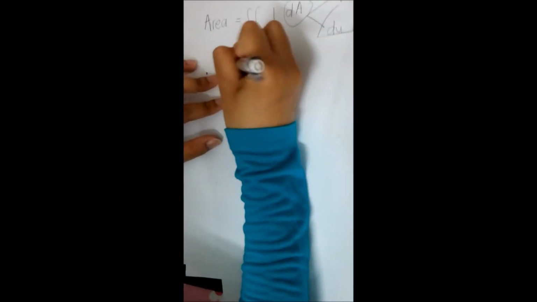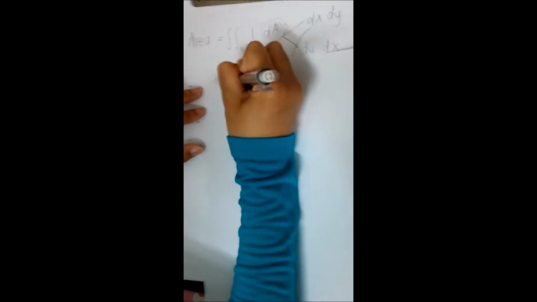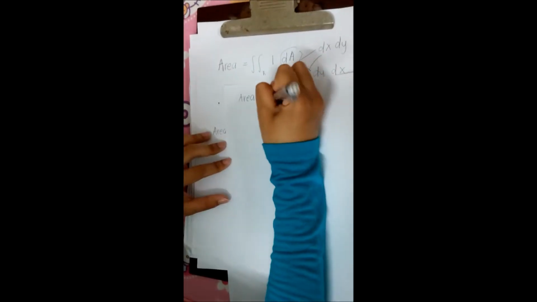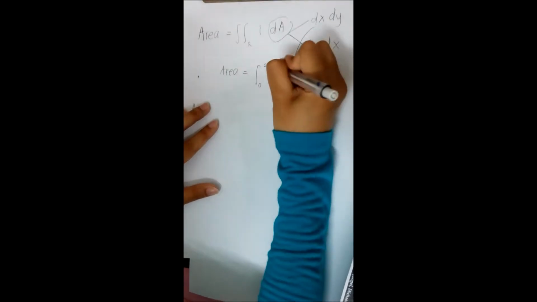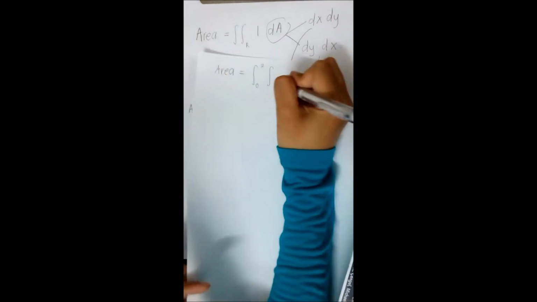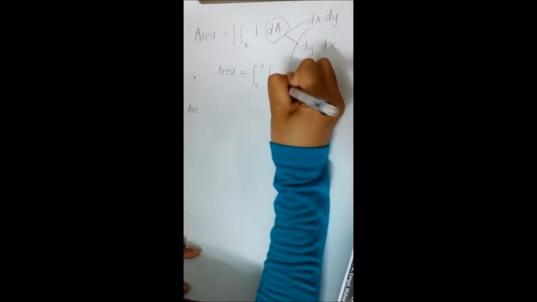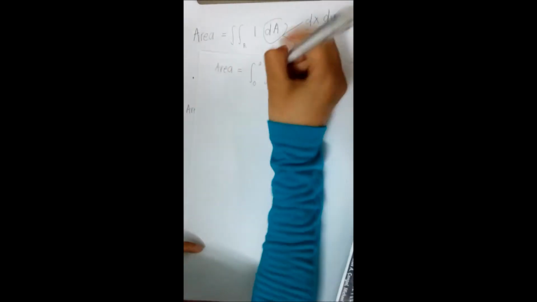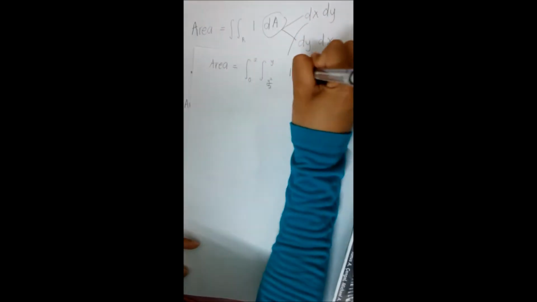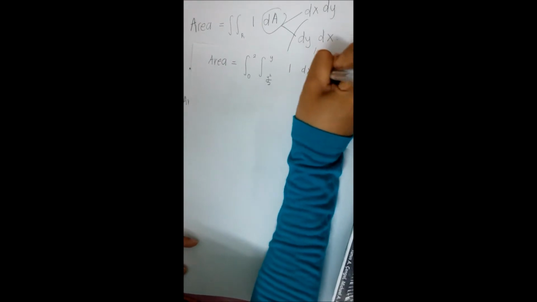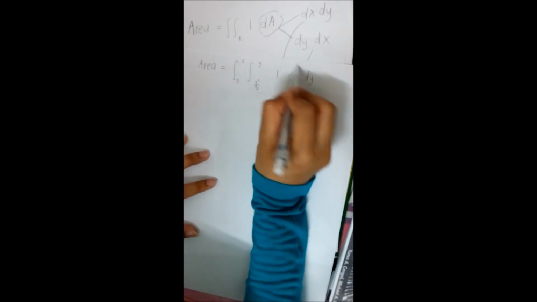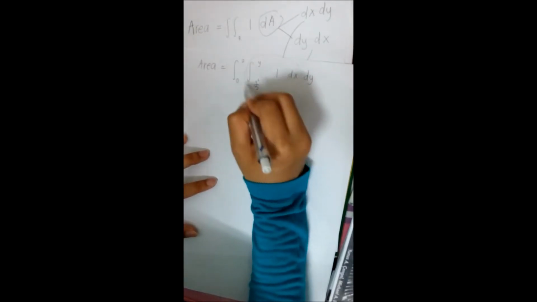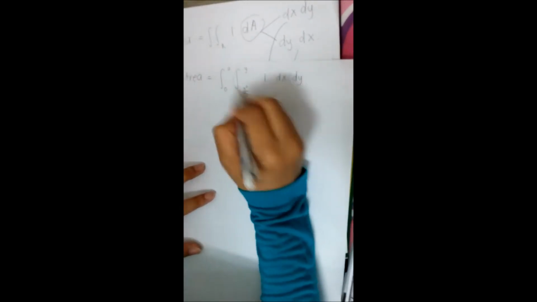Okay, I simply write it back. Integral from 0 to 2, y squared over 2 to y, 1 dx dy. So first of all, we have to solve this first, the inner one.